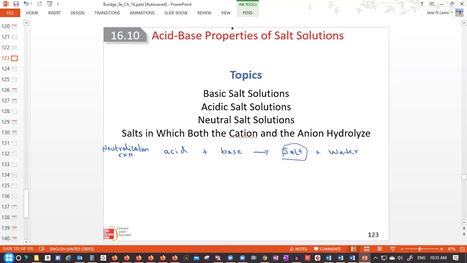So let's represent a generic acid. The acid HA reacts with a base to form the salt and the water.